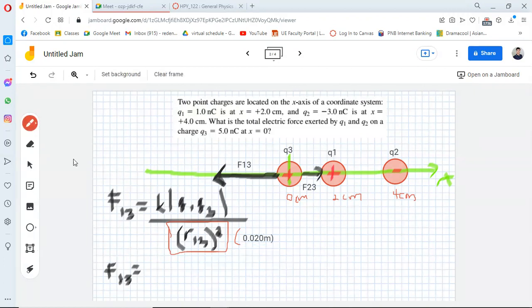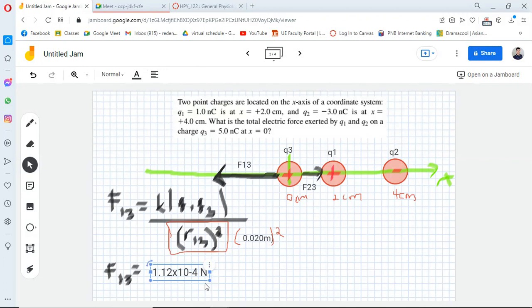Okay, and then don't forget, what we call this? Don't forget yung quantity squared. Yan. Okay. Plugging it now in the calculator, you would be able to find that your F13 is 1.12 times 10 to the negative 4 Newton. So that is the answer.